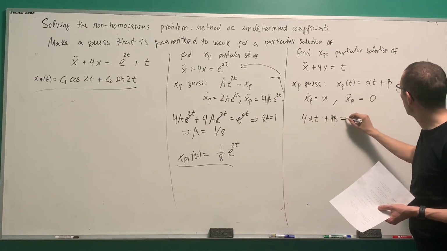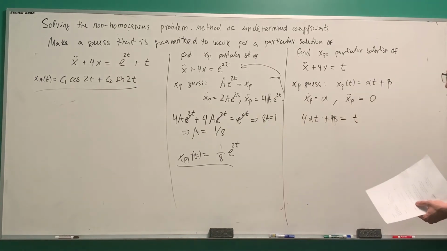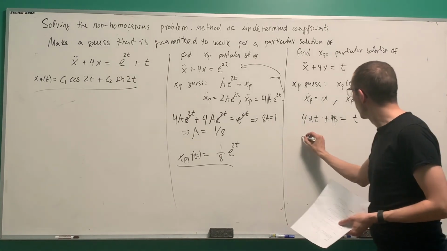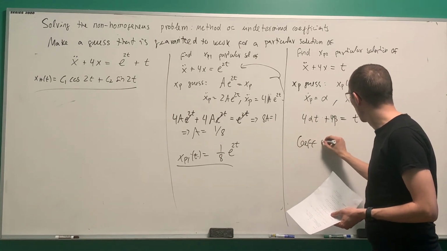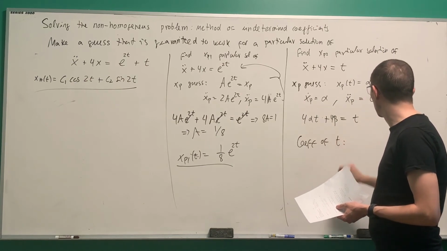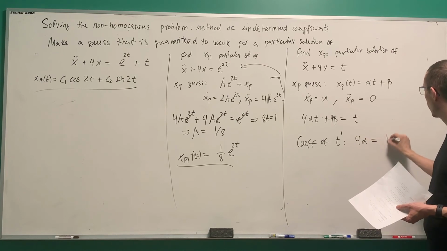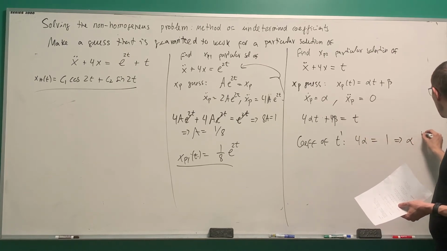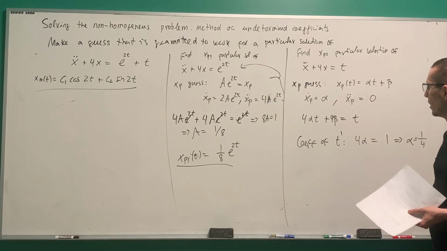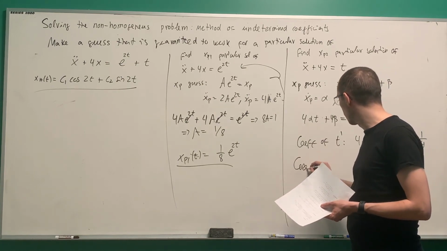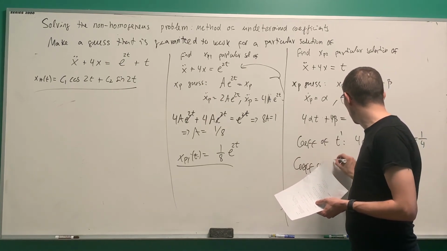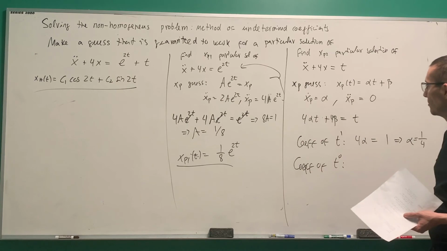Plus 4 beta, equals t. Alright, so now we write the equations of all the coefficients. Again, coefficients of t to the 1. So on the left we get 4 alpha, on the right we get 1. That means that alpha is 1 over 4. Now, coefficient of t to the 0, the constant terms.